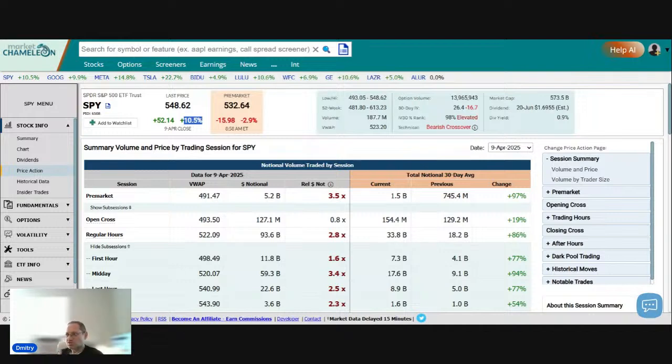There could be positions out there with negative gamma, short options, where you're covering delta as the stock moves violently in one direction.